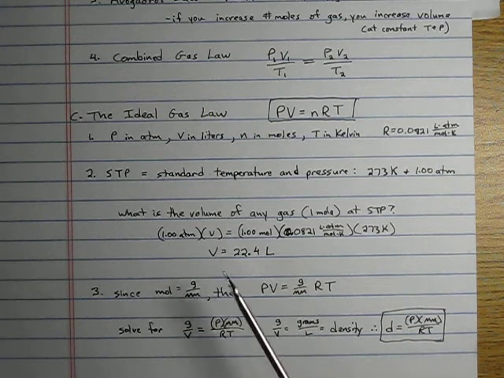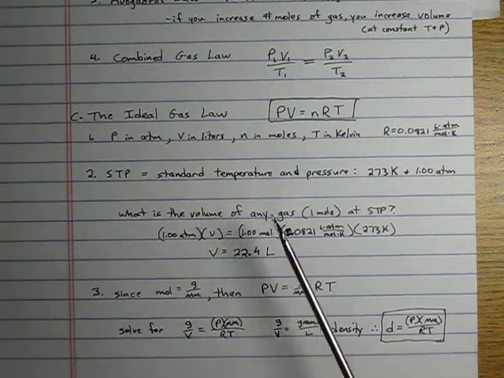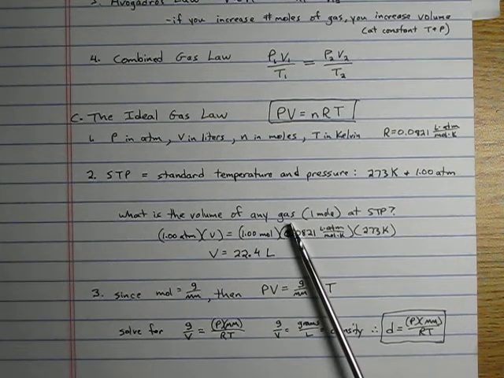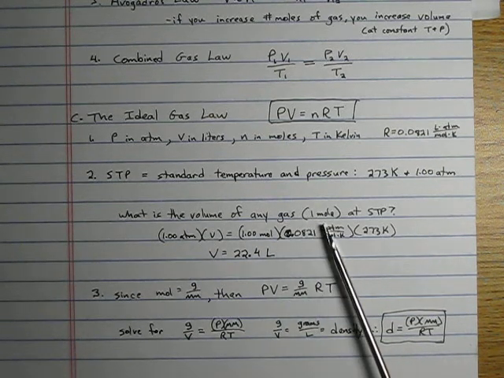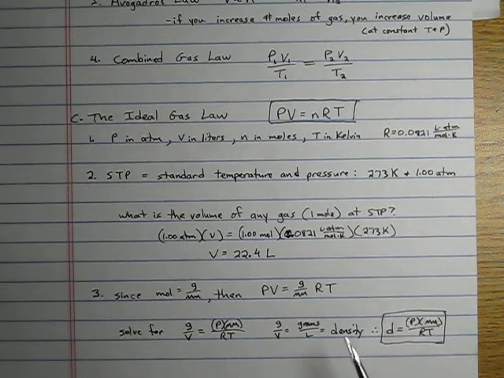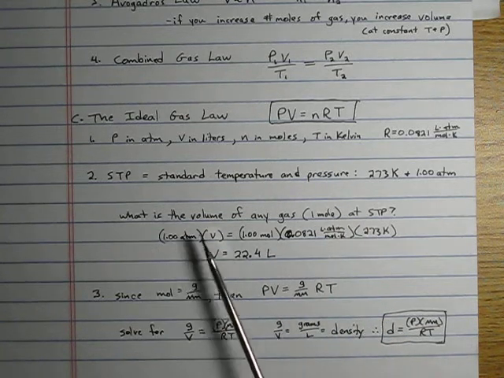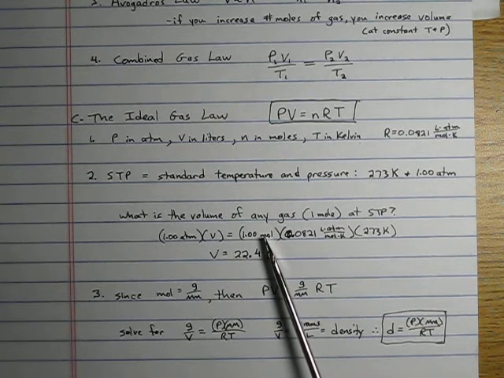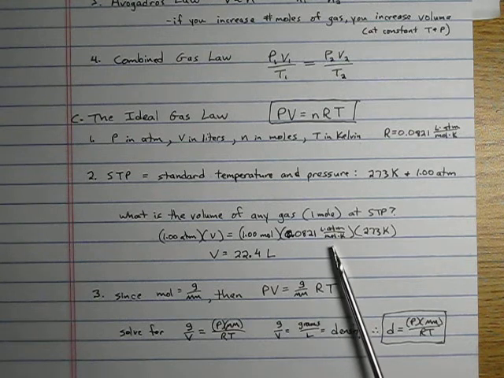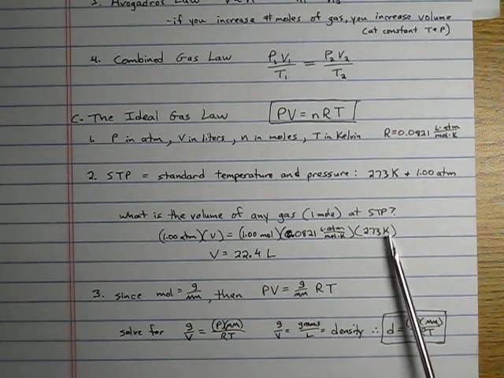So note, what is the volume of any gas? This is any gas whatsoever. If we have 1 mole of it at standard temperature and pressure, what's the volume? Well, you plug in the ideal gas law. Pressure 1 atmosphere. Volume, that's what we're after. 1 mole was given. Here is the constant. Standard temperature, 273 Kelvin.